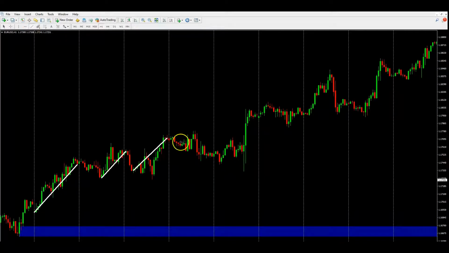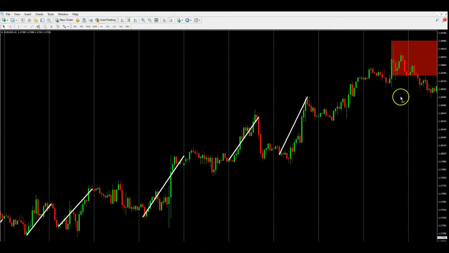I'm going to skip this because this wouldn't be a trading day. Every day will not be. 4 levels. I'm going to skip this because this would not be a trading day. 5 levels. 6 levels. 7. 8.